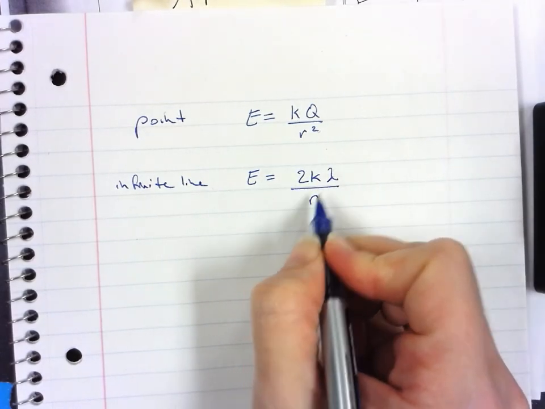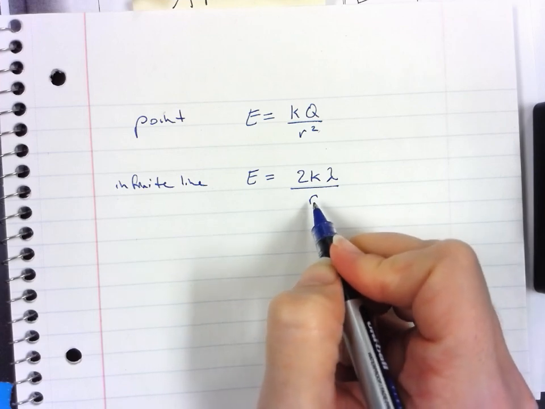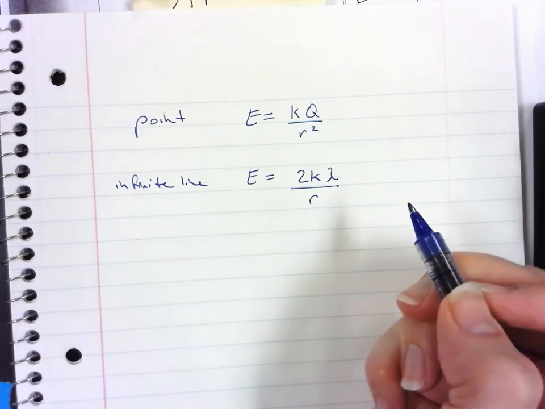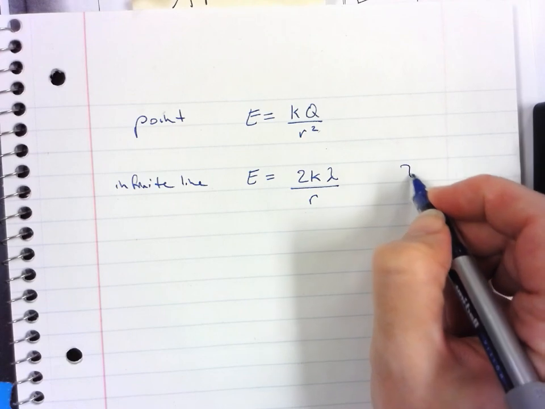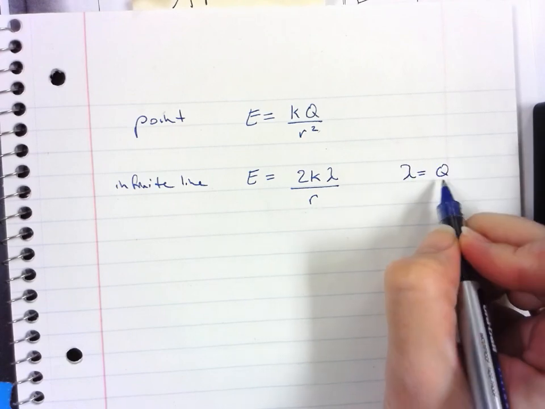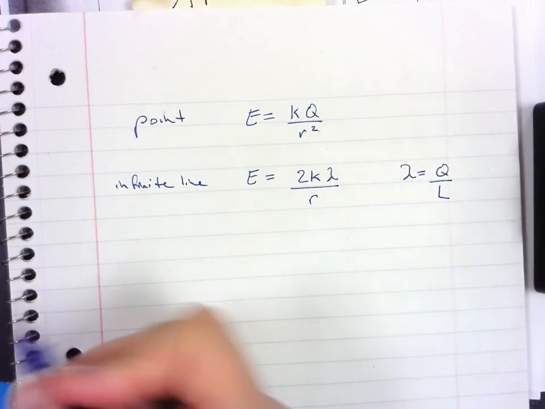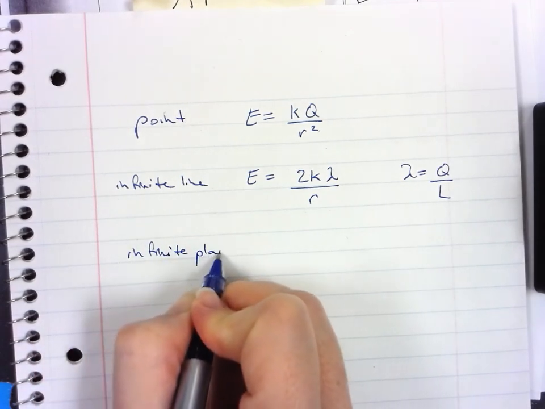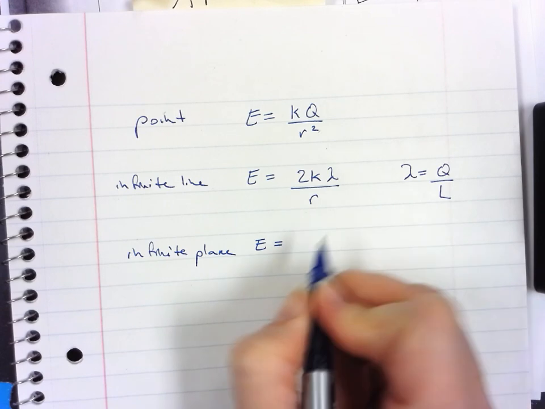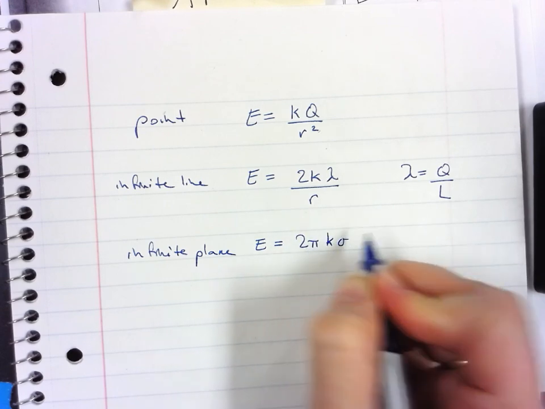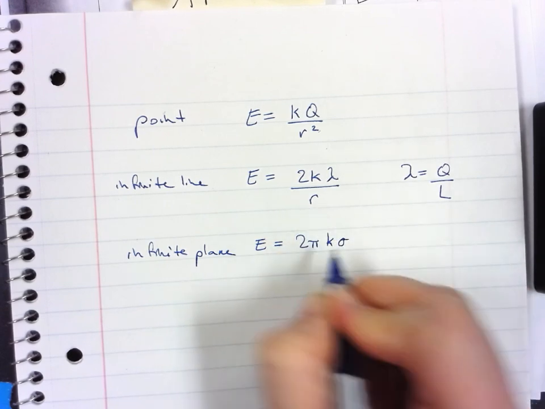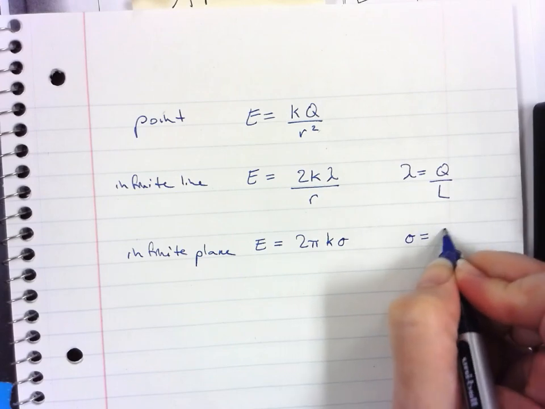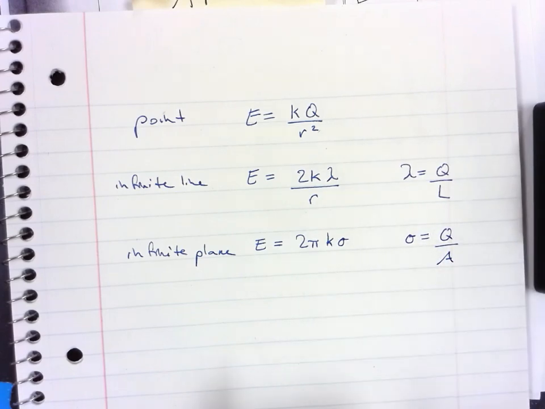And I have switched to r here just to match up with this. y over there was distance from the line, r over here is distance to the line. And remember, lambda is linear charge density, charge per unit length. For an infinite plane, the electric field is 2 pi k sigma, no distance dependence, and sigma is charge over area.